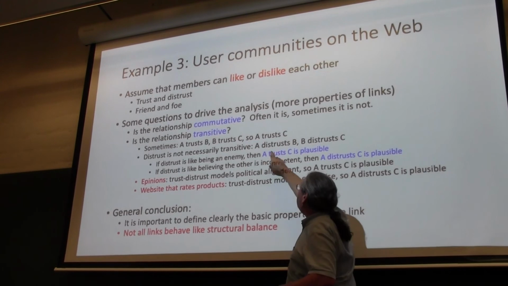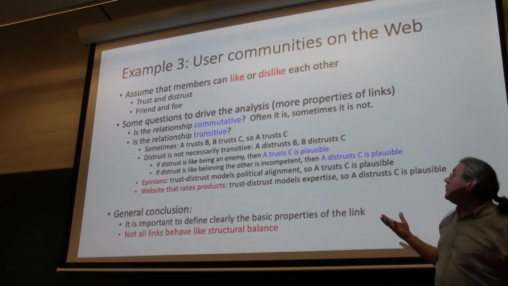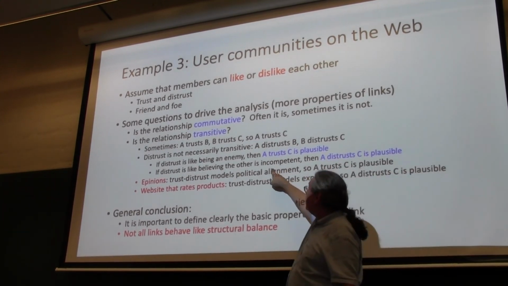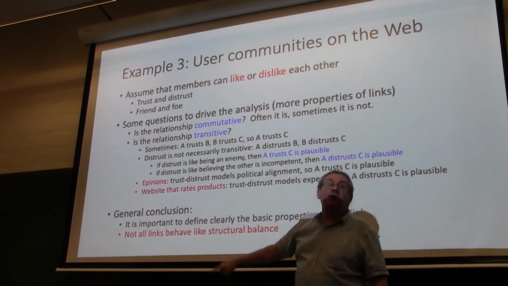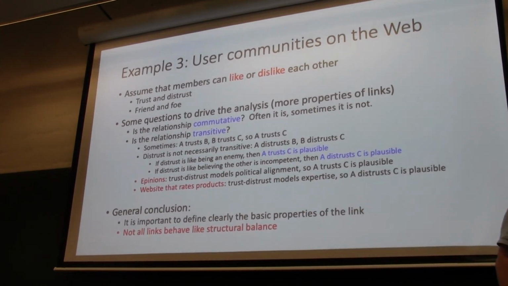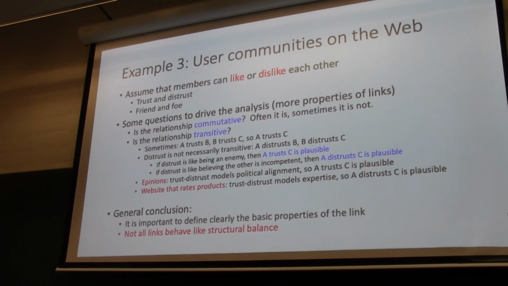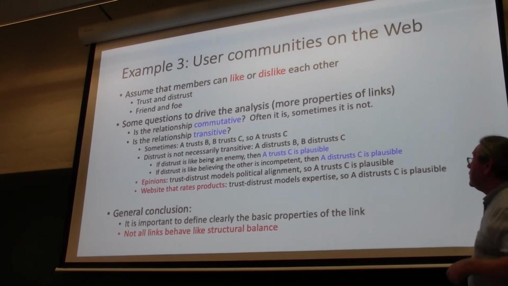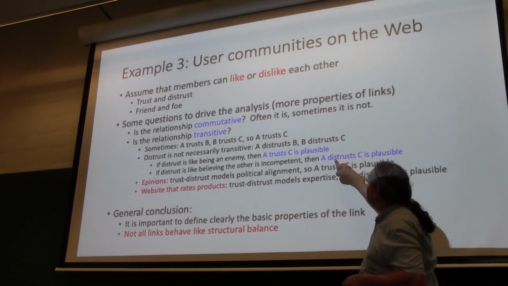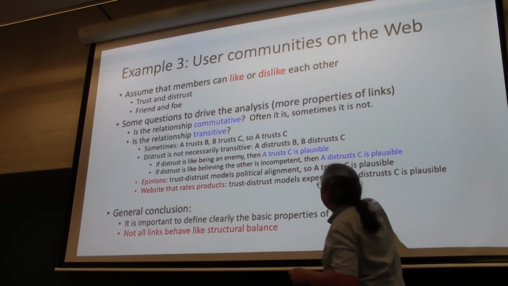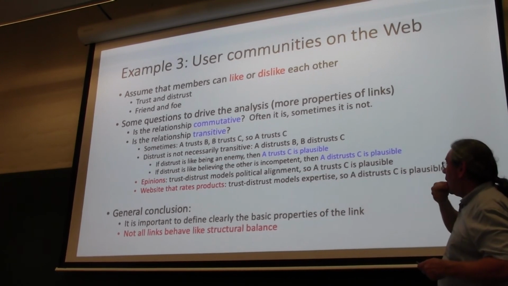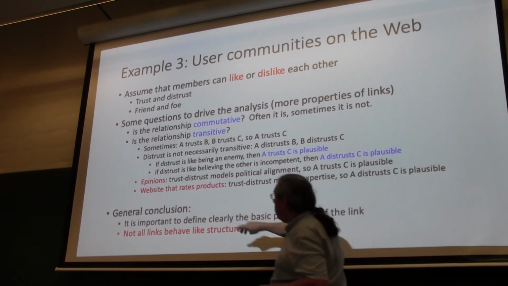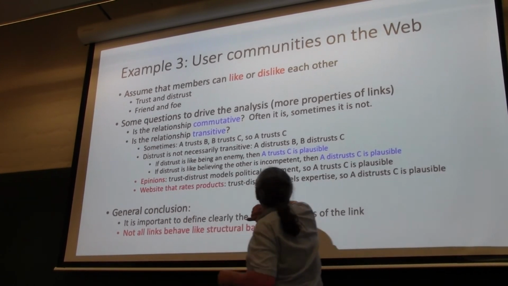A distrusts B, B distrusts C, will A trust C? If it's like being an enemy, then maybe yes. But sometimes distrust is where you believe the other guy is incompetent, like opinions on movies. I don't trust the opinion of this guy on the movie Lord of the Rings because I think this guy is an imbecile, and so it's probably not transitive. In that case, A would even distrust C. There's a site called Epinions with trust and distrust.